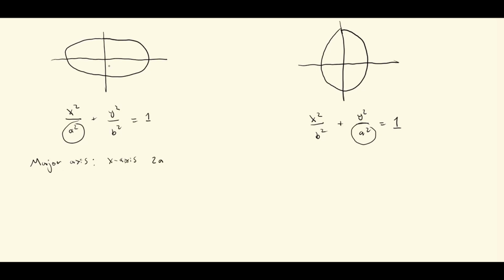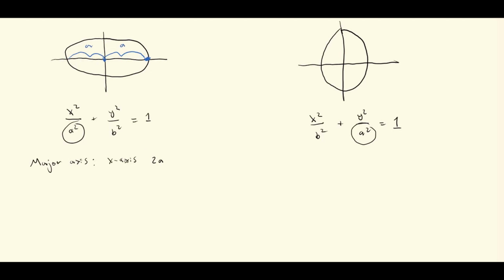So a tells us the distance between the center and one of the vertices. If we want to find the total distance from left to right, it's going to be 2a because a represents the distance from the center to the vertex. So the distance of this whole thing is 2 times a because both sides have a distance of a.